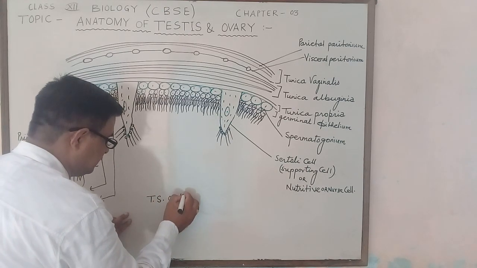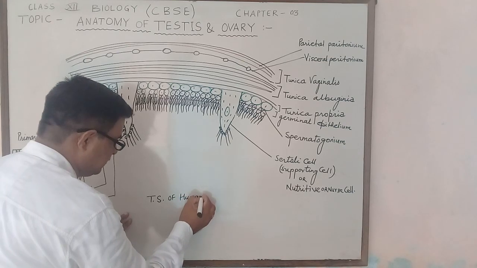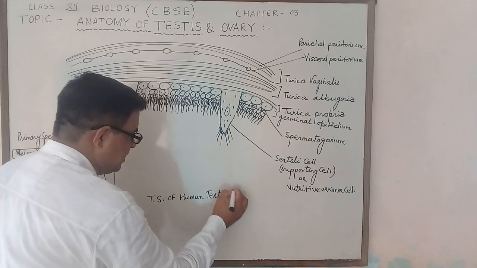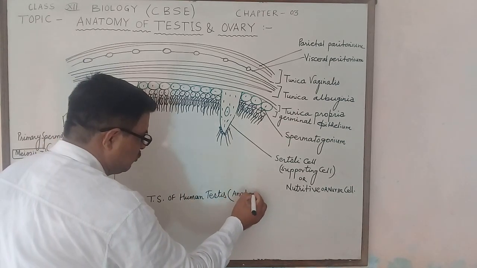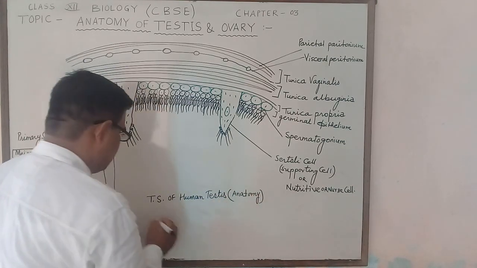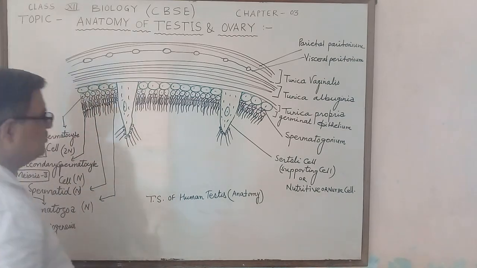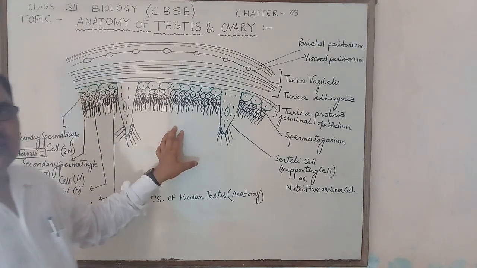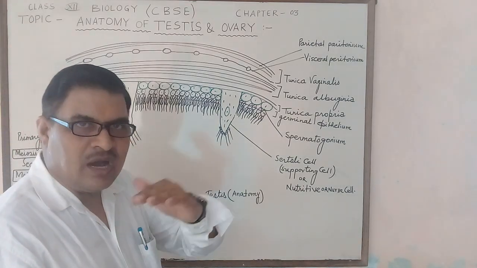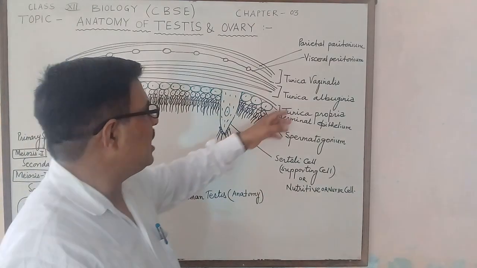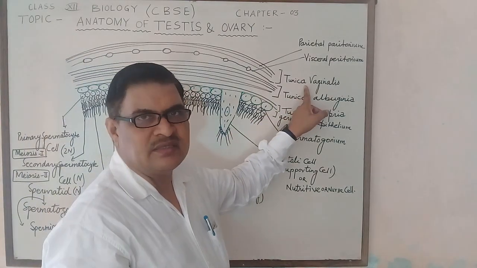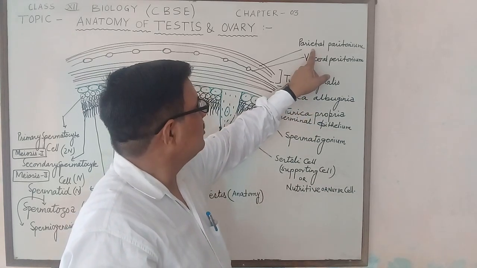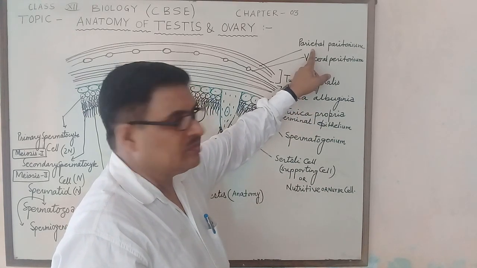Here this is the TS of human testis, which shows the anatomy of human testis. The testis has an outer cover called the tunica vaginalis, and the tunica vaginalis has an outer layer, the parietal peritoneum.